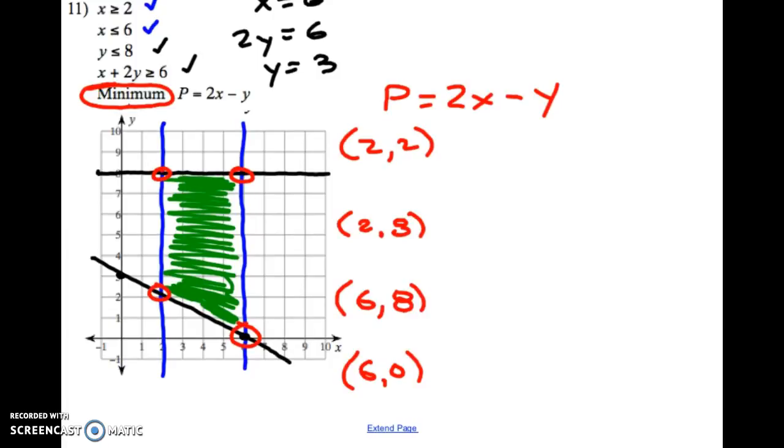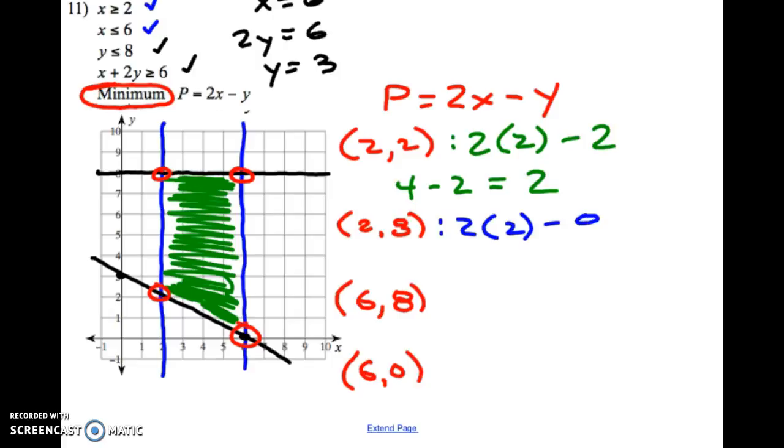So if we plug in, we have 4 minus 2, that one should give us 2. So we got negative 4 for the second point.